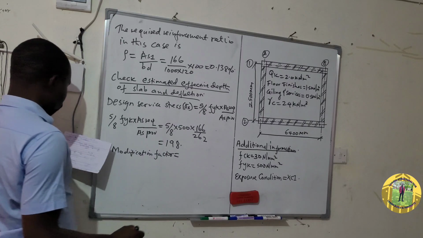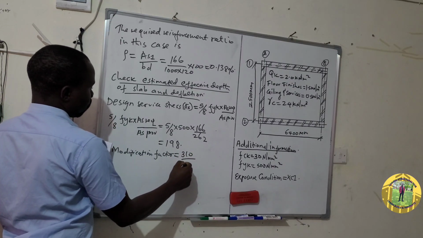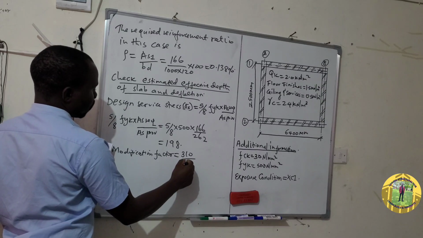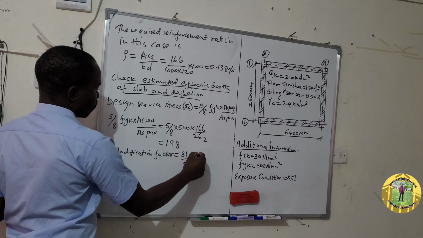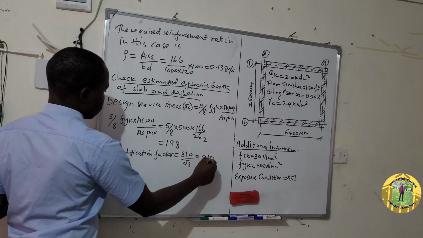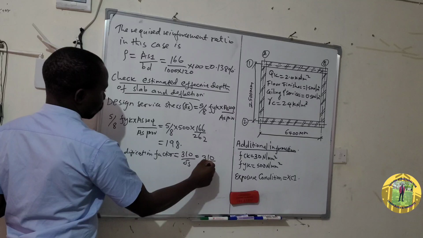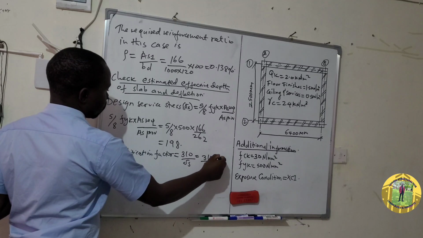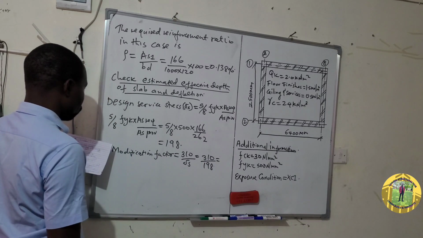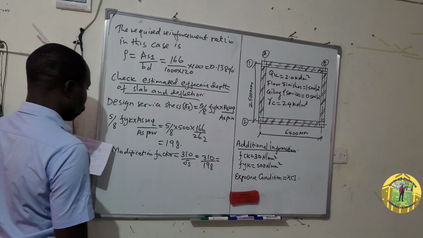The modification factor is equal to 310 all over design service stress. So this one is equal to 310 over 198, which is equal to 1.6.